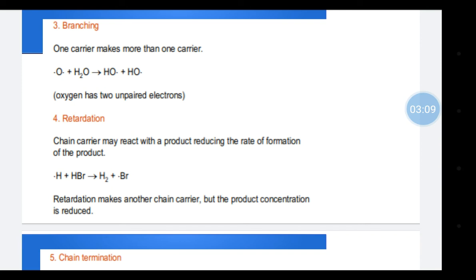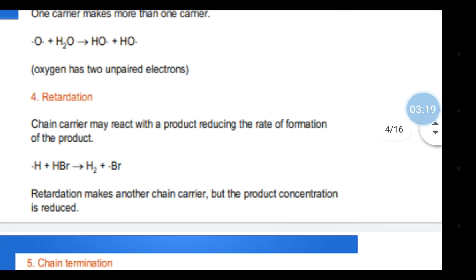The next step that can be present in a chain reaction is the retardation step. The chain carrier may react with a product, reducing the rate of formation of the product. For example, in the hydrogen bromine reaction, where hydrogen reacts with bromine to produce an HBr molecule, you can see that in the mechanism there is a step in which a hydrogen free radical reacts with the product HBr molecule to give hydrogen molecule plus Br dot.